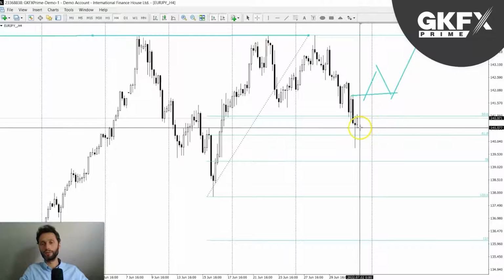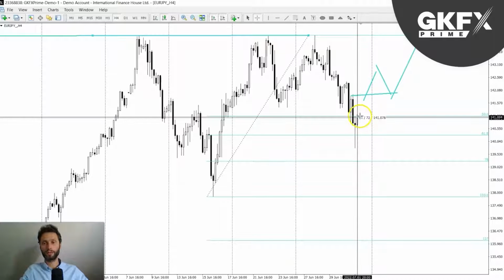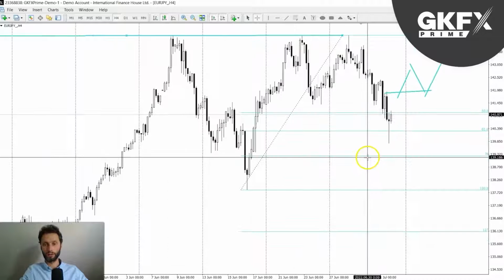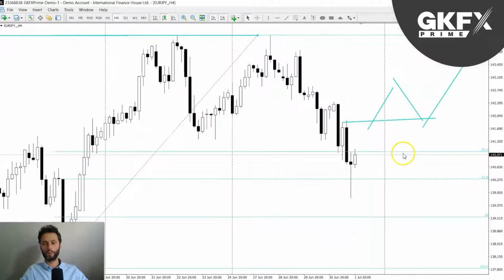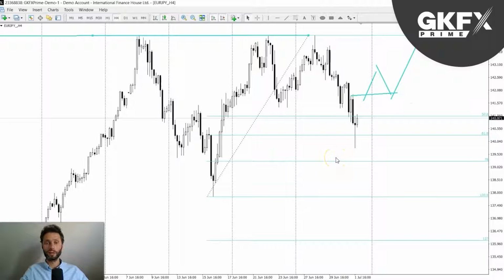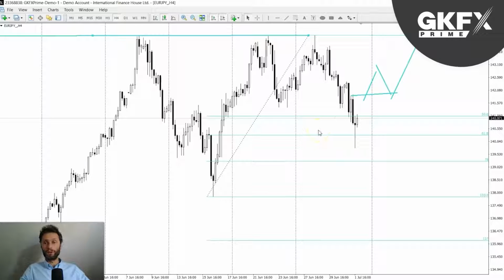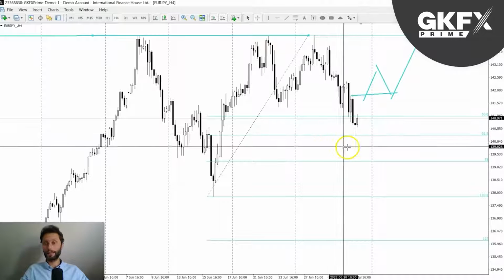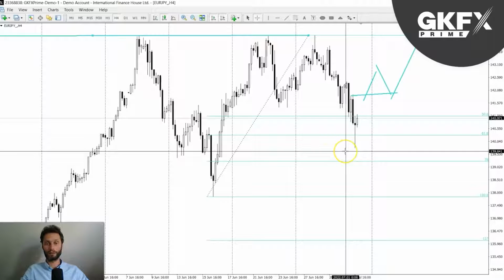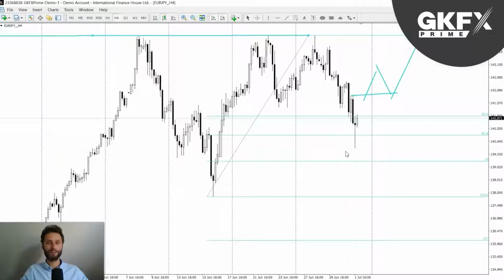Now, obviously, there's also a chance to enter here at a lower price, and if the market goes even lower, there'll be another opportunity lower. But you have to manage your risk and see which type of scenario, which type of entry you prefer taking, always remembering that you only risk what you can afford to lose, and bear in mind that if you are taking a riskier entry, then that is your prerogative and your responsibility for your own account.